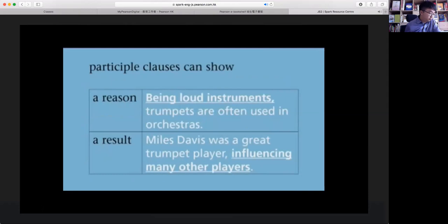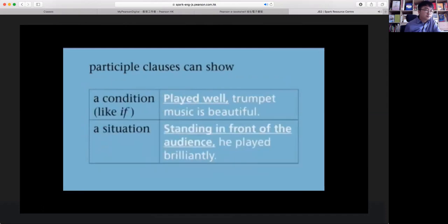Participle clauses can also show a result of something. Miles Davis was a great trumpet player, influencing many other players. They can show a condition, like an if clause. Played well, trumpet music is beautiful. And they can show a situation. Standing in front of the audience, he played brilliantly.